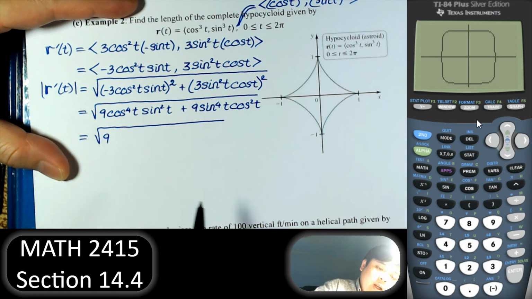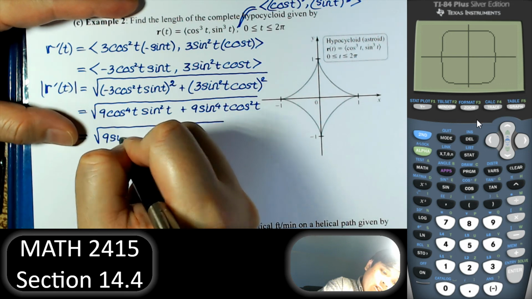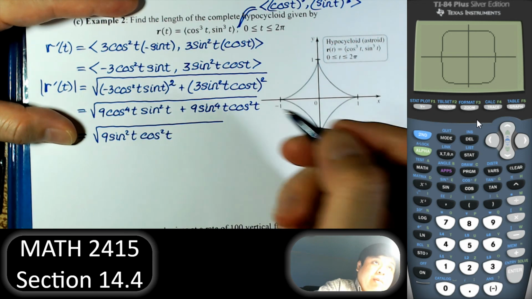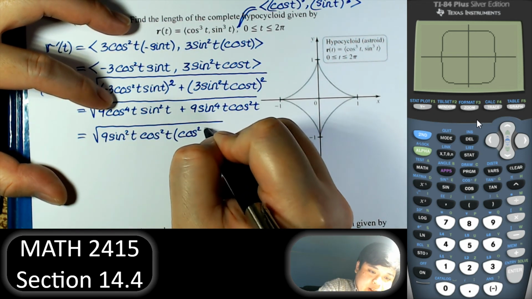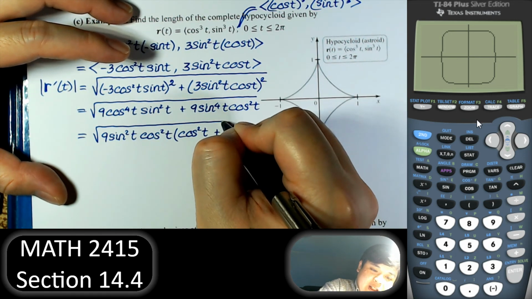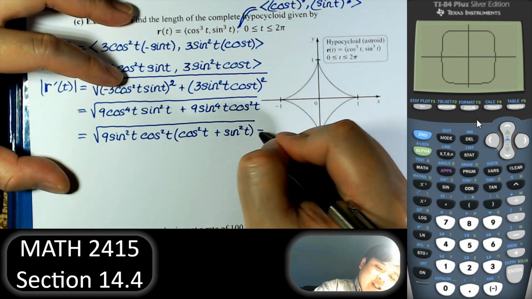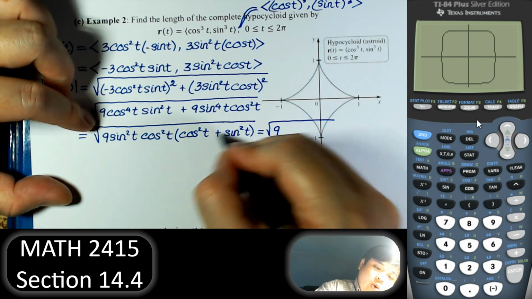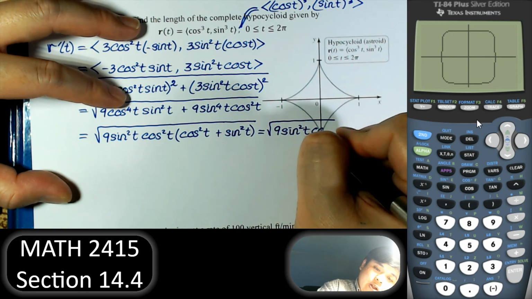All of them have sine square and cosine square. We factor those out, and we have cosine square plus sine square left, which is 1, so that's convenient. So we just have 9 sine square cosine square.